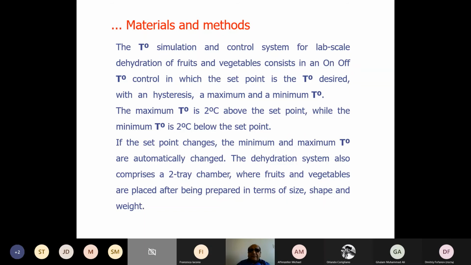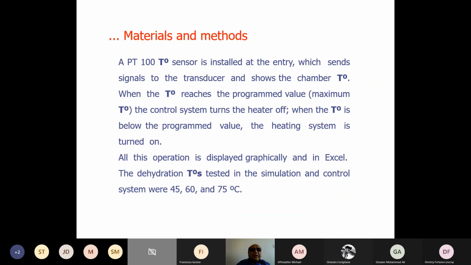The dehydration system comprises a two-tray chamber where fruits and vegetables are placed after being prepared in terms of size, shape, and weight. A PT100 temperature sensor is installed at the entry, which sends signals to the transducer and shows the chamber temperature.